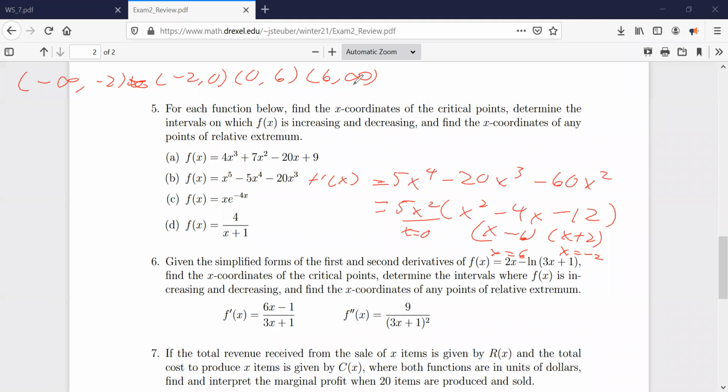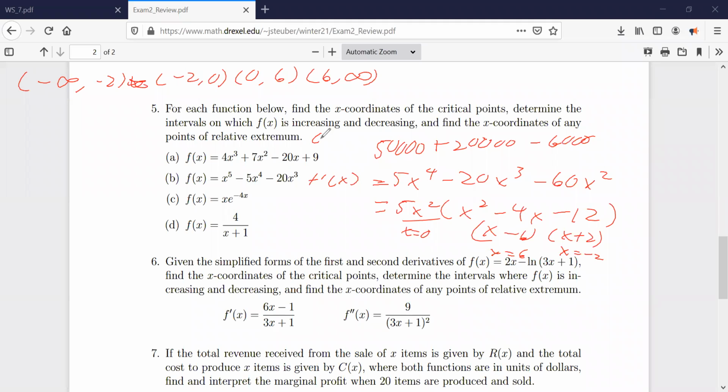And we just plug in a test value in each of these ranges into the derivative to find out where it's increasing, where it's decreasing, and what our critical points are. If I plug in negative 10, I would get 50,000 plus 20,000 minus 6,000.